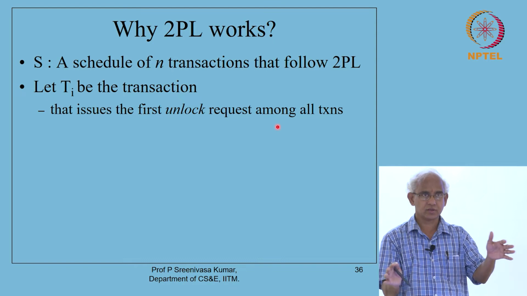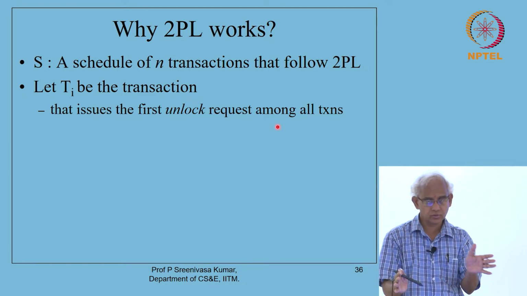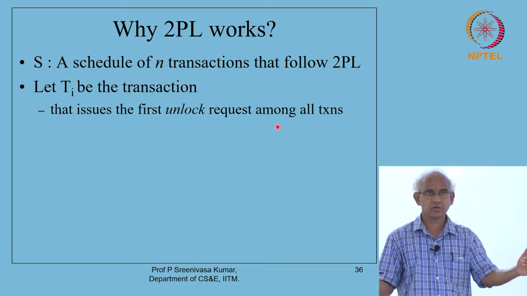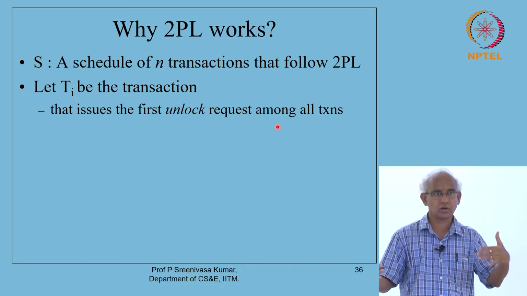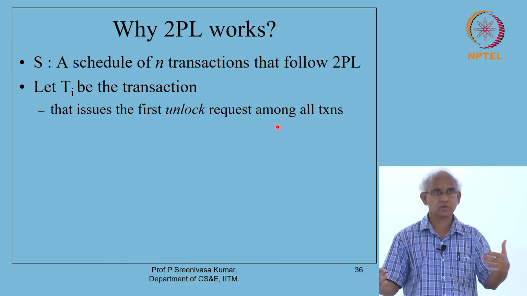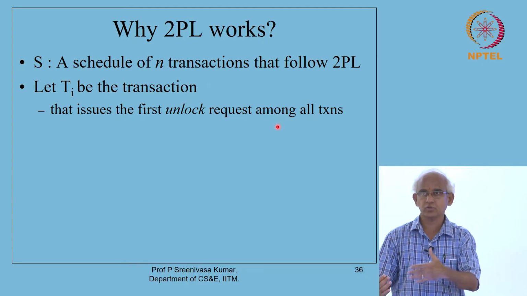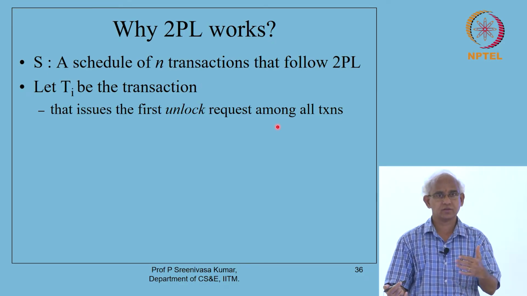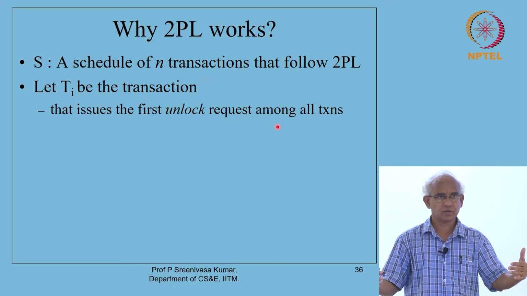If you now look at the schedule, in addition to the read-write operations, we also have the lock and unlock operations. Let us denote them by L subscript i and U subscript i, and they are locking specific items. So Li(x), Ui(x) will come into the picture in the operations.